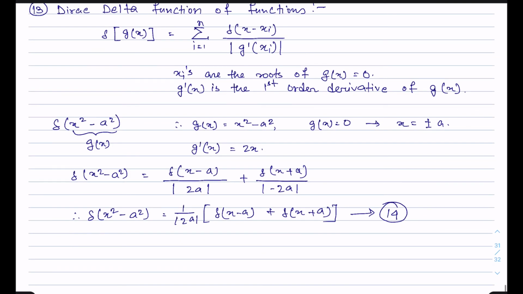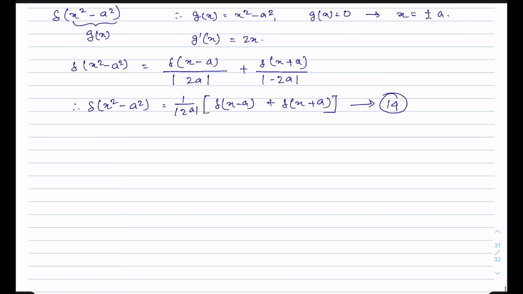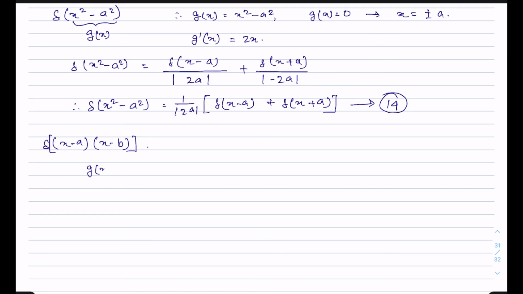Now consider another function, delta of (x minus a) times (x minus b). To find its roots, let's consider g(x) equals (x minus a) times (x minus b) and equate it with 0. So g(x) equals 0 will give you the roots.